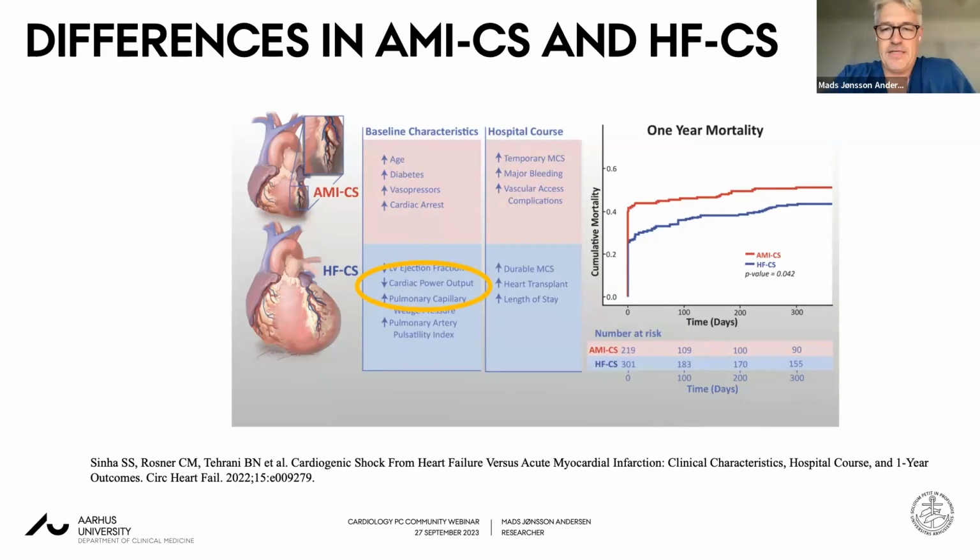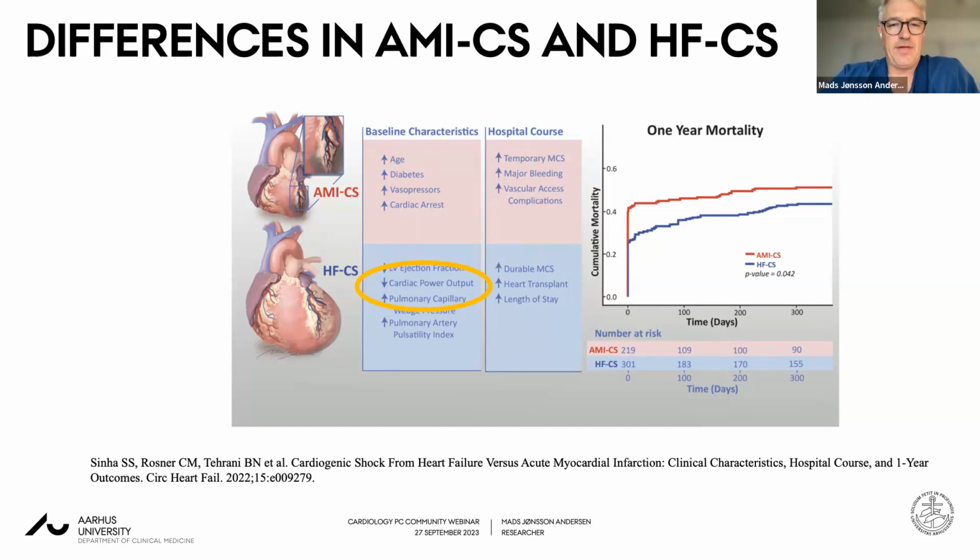And this supports that despite cardiac power output being an established strong hemodynamic predictor for outcomes in cardiogenic shock associated with MI, it may not have the universal utility when applied to acute decompensations of chronic heart failure.